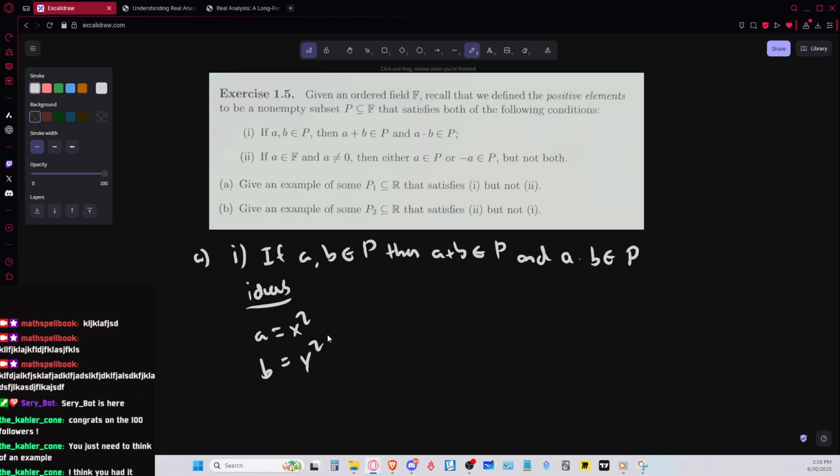This is really thinking rigorously about how the system can break. We want to break the second one, but we want to maintain the first one.